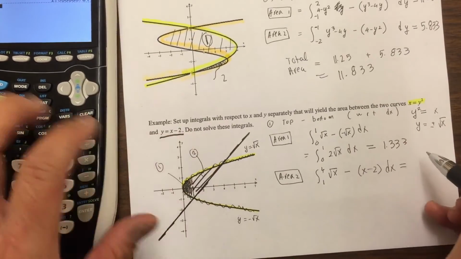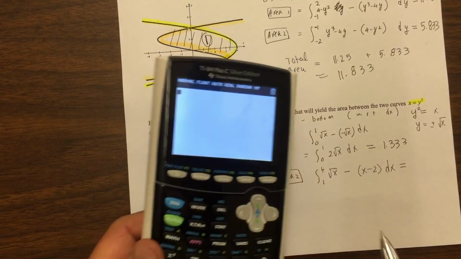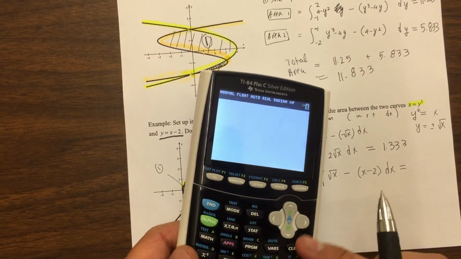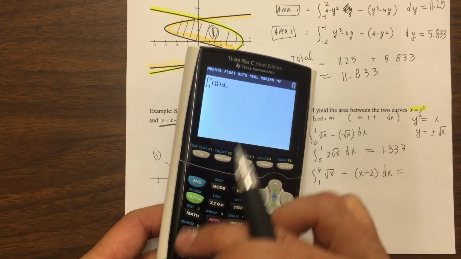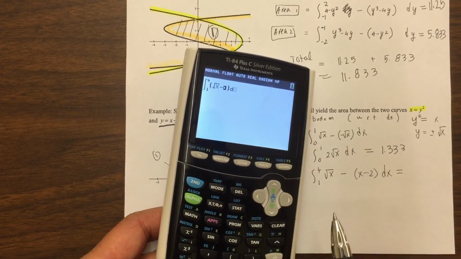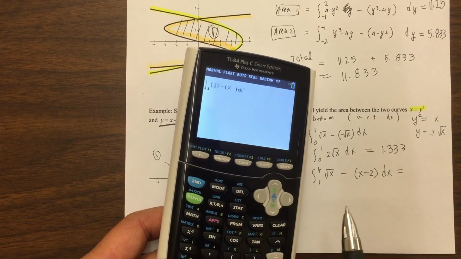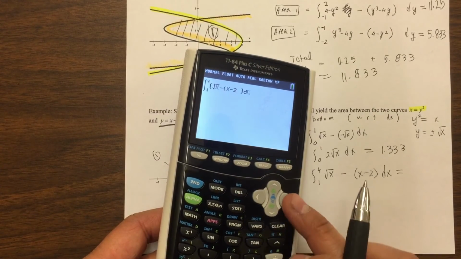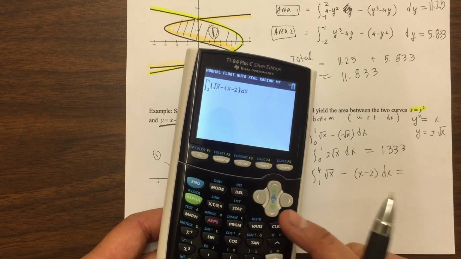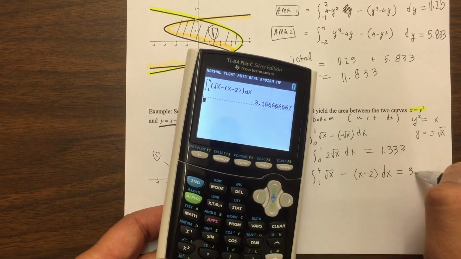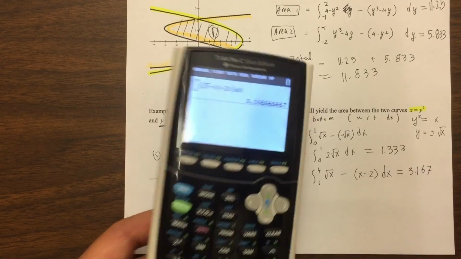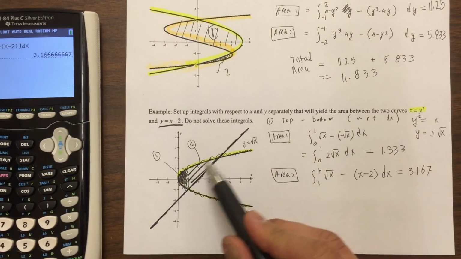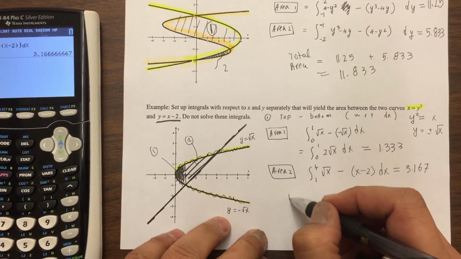So we type that in, math 9, from 1 to 4, radical x minus (x minus 2), and that gives us an area of 3.167.